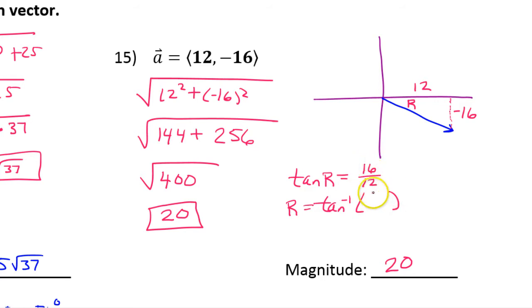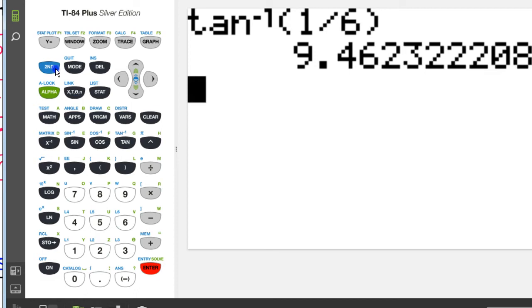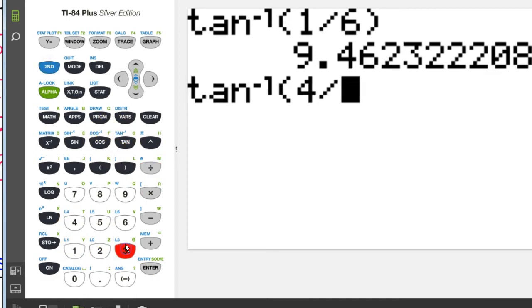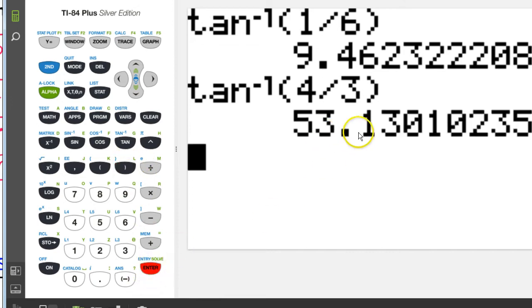If I divide both of these by 4, that'll be 4 over 3. So the reference angle is, I'm just going to put this in my calculator. The inverse tangent of 4 over 3 is 53.13 degrees.